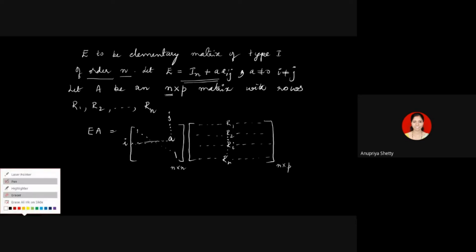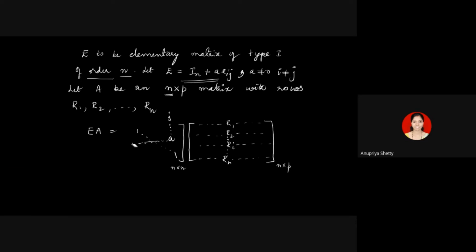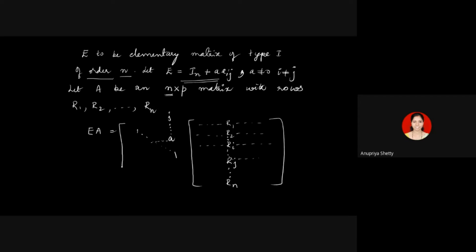I have to make some correction in the matrix, because I have to mention the jth row also, just to get the exact picture. So there is Ri, then I should also write down Rj, then I'll write down Rn. I'm increasing the size of the matrix a bit. Rj also has to be taken care of. Now the matrix E may not look like a square. Sorry for that.